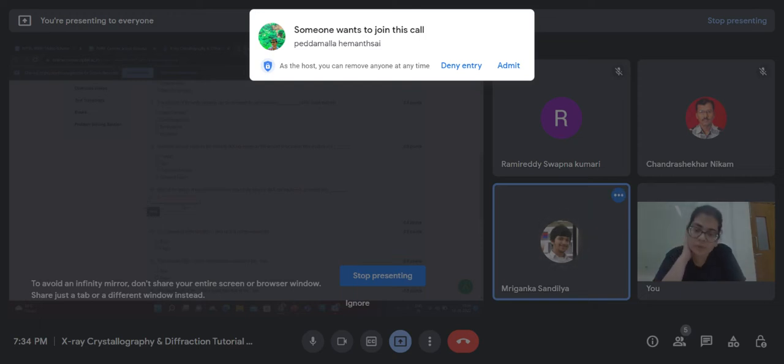X-rays. Most of the energy of the striking electrons against the target in an X-ray machine is converted into X-ray, ma'am, right?